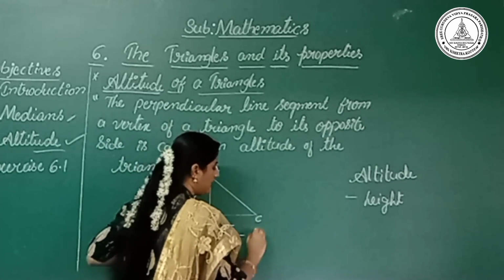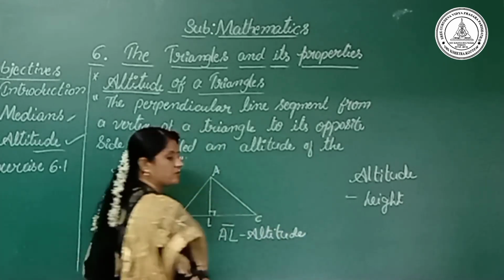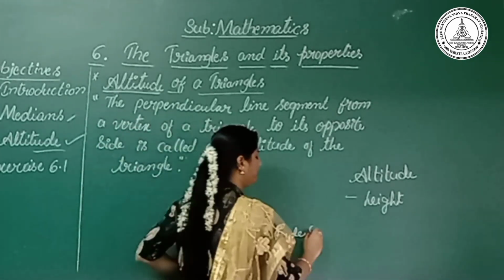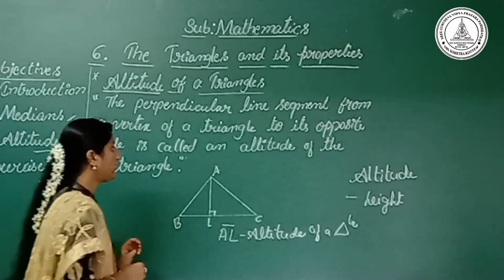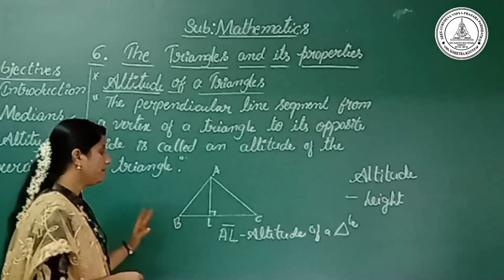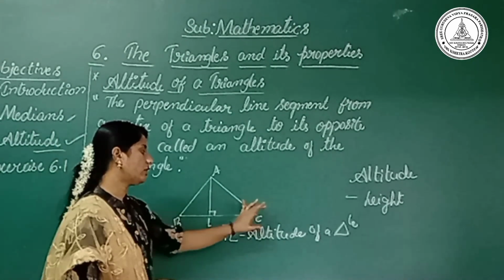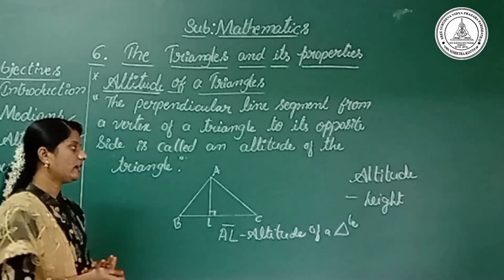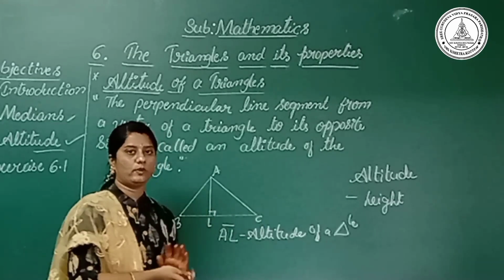Altitude means height of a triangle. In the same way, you may also draw an altitude for the vertex B and for the vertex C. Take a paper sheet and find the altitudes for these two vertices.